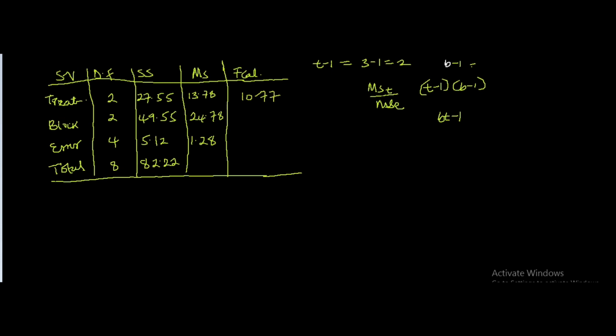The one for block, which is MS block over MS error, will be 19.36.